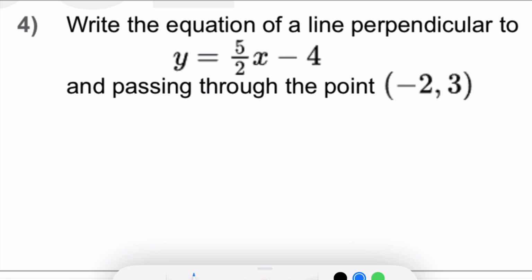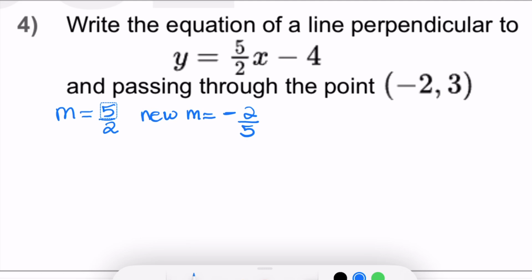For question 4, write the equation of a line perpendicular to y equals 5 over 2x minus 4 and passing through the point negative 2, 3. So my slope is 5 over 2, but my new slope needs to be negative 2 over 5.